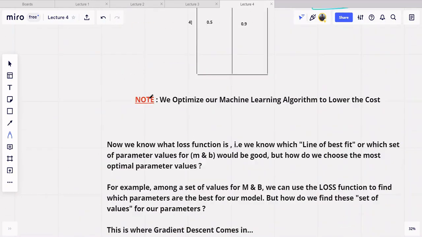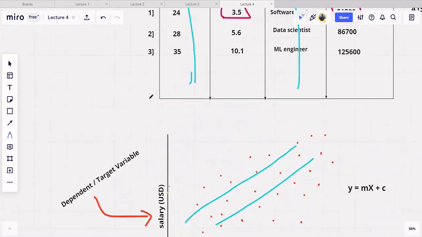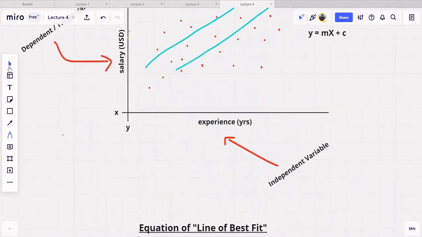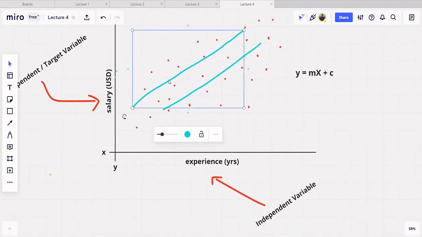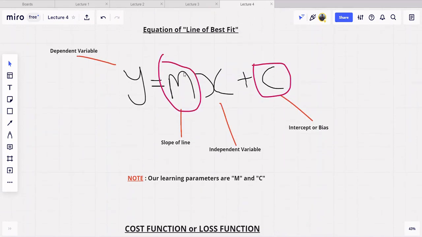Now we know how we can find the most optimal parameter for our machine learning algorithm, right? So all we have to do is use gradient descent. We can use gradient descent to find the most optimal value for m and c, right?